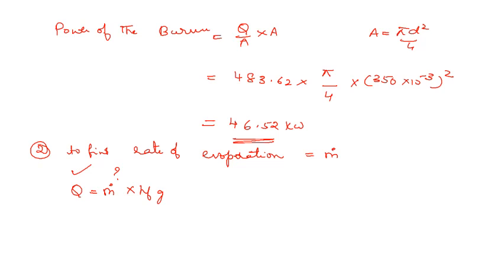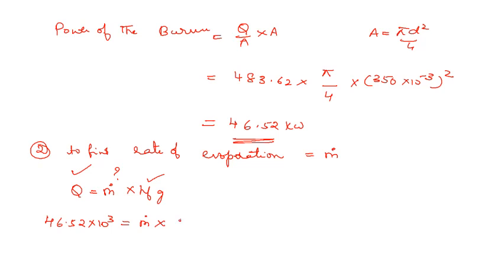In this question, it has been asked the rate of evaporation, that is nothing but mass flow rate, and HFG is also a known thing, but it should be in joule per kg. So on both sides we have to see that Q should be in watt. So it is 46.52 into 10 to the power 3, and mass flow rate into HFG.